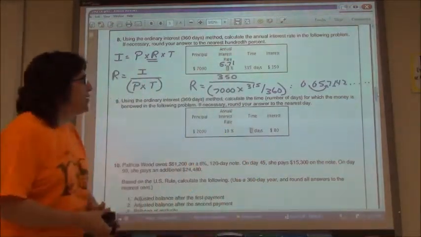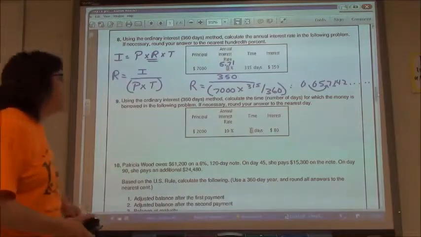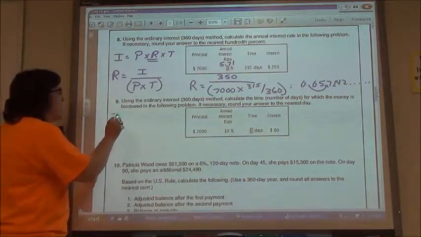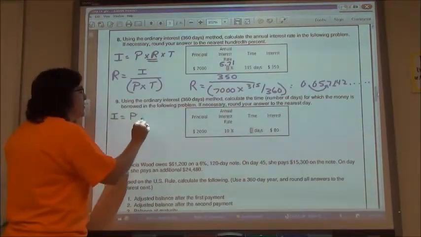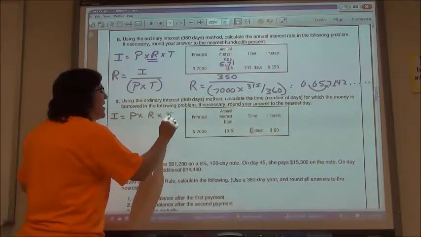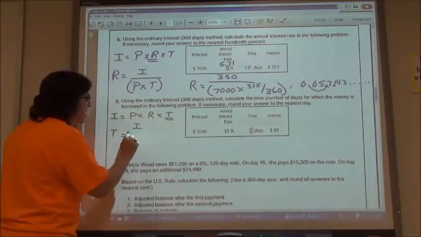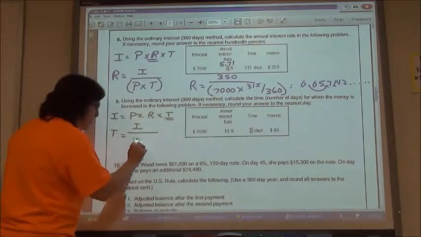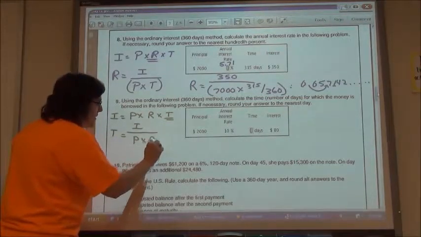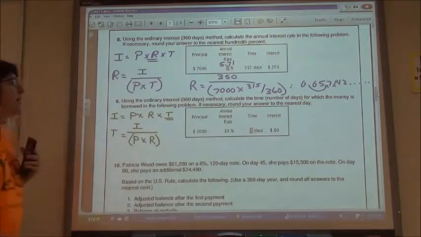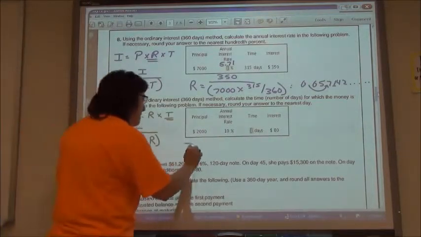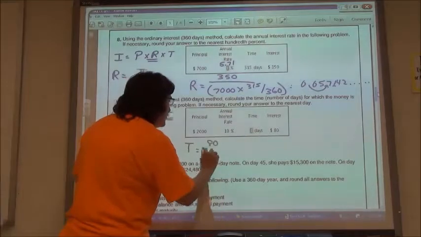Now on the third one, we're going to look for the time. So again, my interest is equal to my principal times my rate times my time. If I want to solve it for the time, it is going to equal the interest divided by the principal times the rate. And so my interest is $80.